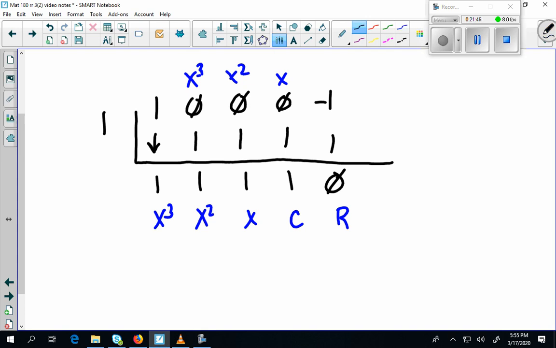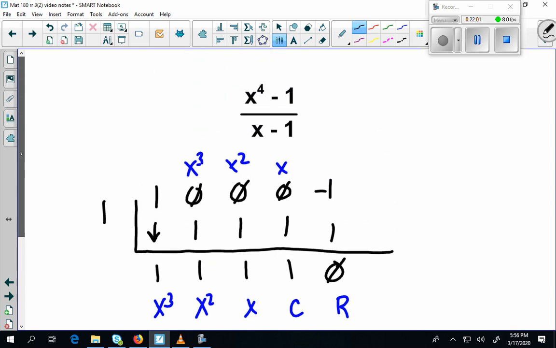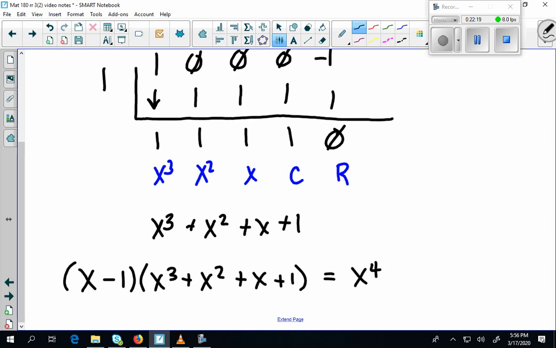So this is going to be x to the third, 1x to the third and x to the third are the same thing, plus x squared, plus x, plus 1, and no remainder. So that tells me my original divisor is x minus 1. So x minus 1 times this thing, x to the third plus x squared plus x plus 1 would give me x to the fourth minus 1.